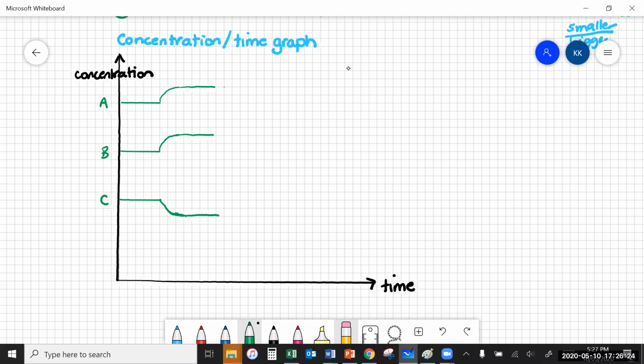And of course, 1-to-1 mole ratios. So no vertical part on the graph. That's an easy way to recognize a temperature change on a concentration time graph.